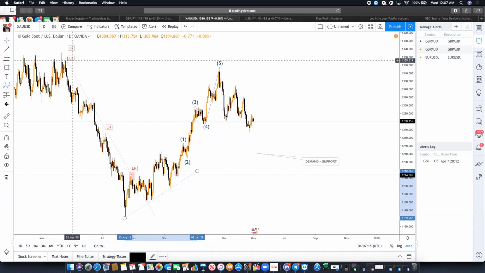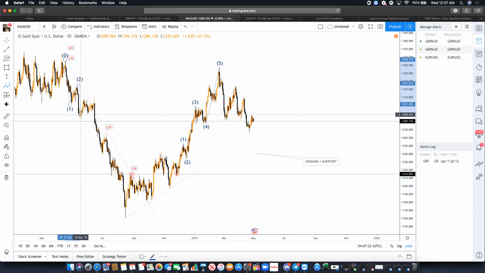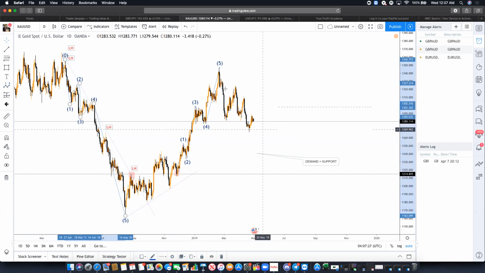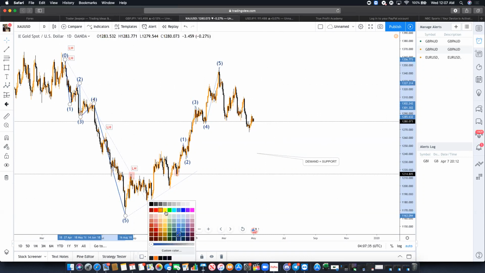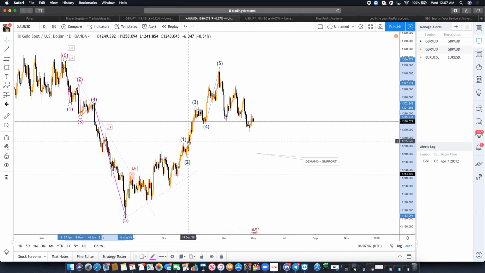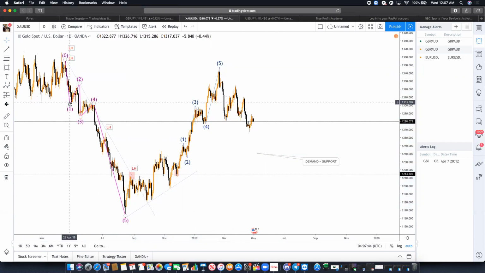Let's look at it again. So here we have 0, we have 1, 2, 3, 4, 5, right? Let me see if I can change the color. What's a good color? Red? What about purple? Yeah, purple stands out.